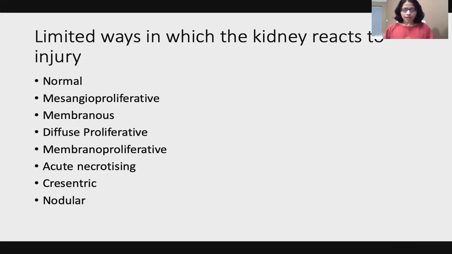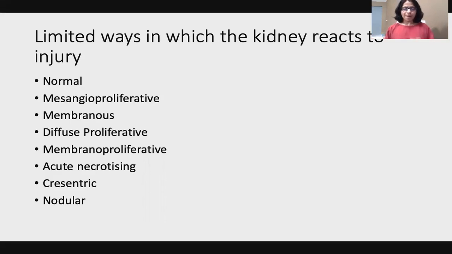The next way the kidney reacts is by producing a pattern we call membranoproliferative. Another pattern of reaction is membranous. Then there are several others like diffuse proliferative, acute necrotizing, crescentic, and nodular. You've noted that I've used the term pattern because several different pathologies can produce a membranoproliferative pattern.